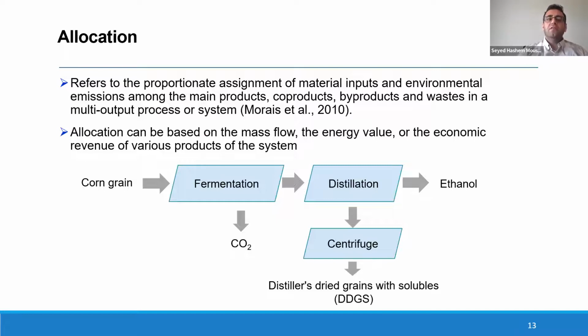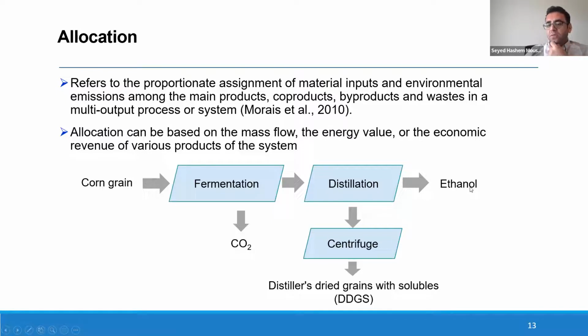For LCA, we need to do the allocation. Allocation refers to the proportionate assignment of material input and environmental emissions between the main product, the co-product, and byproducts and waste. For example, this graph shows corn grain: we have fermentation, then distillation.